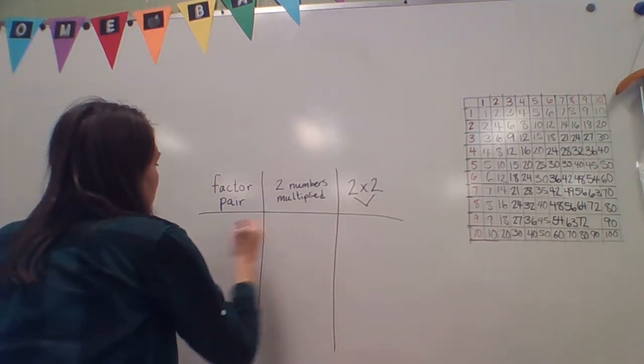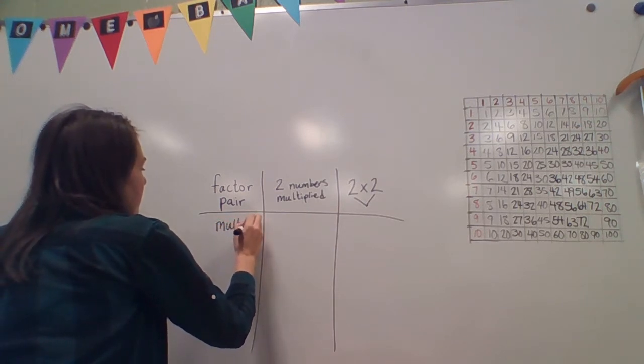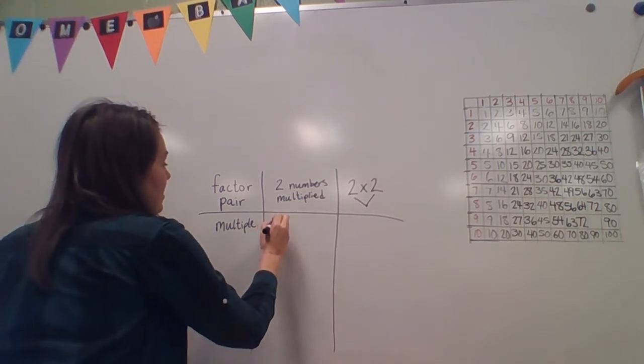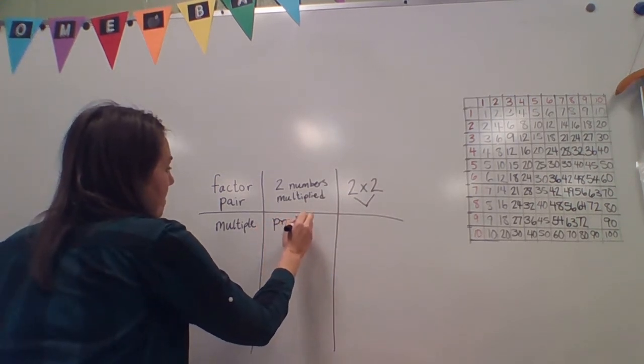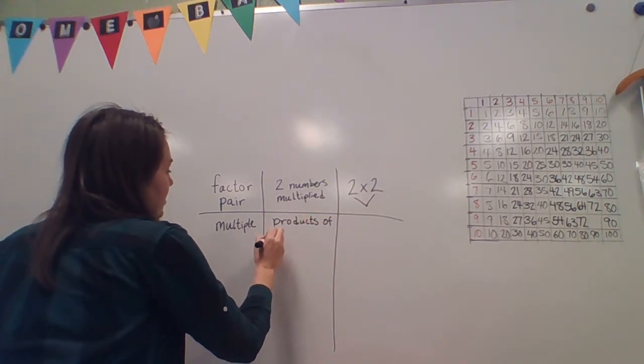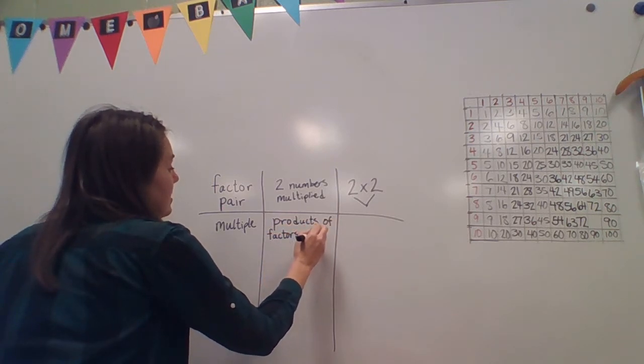Next word is multiple. The multiples are the products of factors with one factor that stays the same.